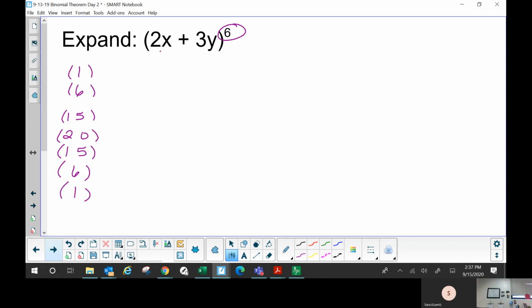And then our first term is 2x, so you're going to write that out 7 times. Okay. So how do you find how many terms your answer is going to have? It's the exponent plus 1. So this answer is going to have 7 terms.